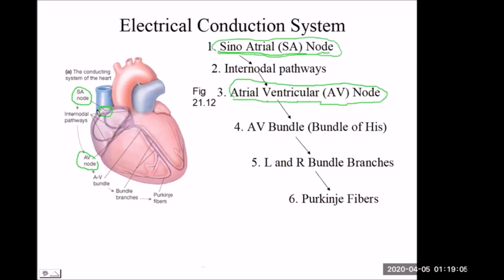Again, the SA node is the primary pacemaker, and we see that there's a direct interaction via these conducting fibers known as internodal pathways. So the SA node does signal, stimulate and control the AV node in a healthy heart. And it's now from the AV node that there's a series of many more conducting fibers, the bundle of His, branching to the right and left bundle branches.